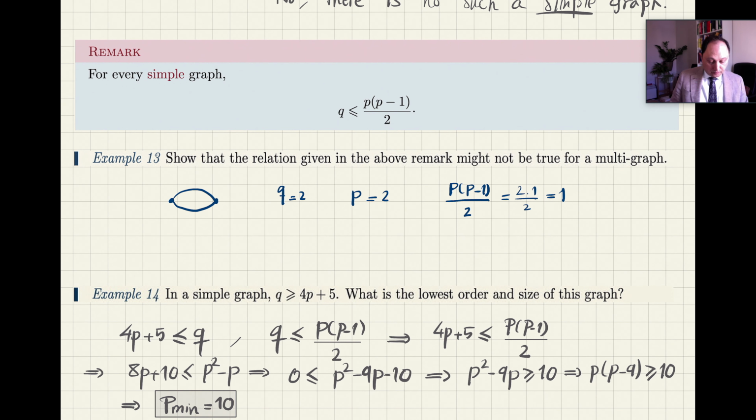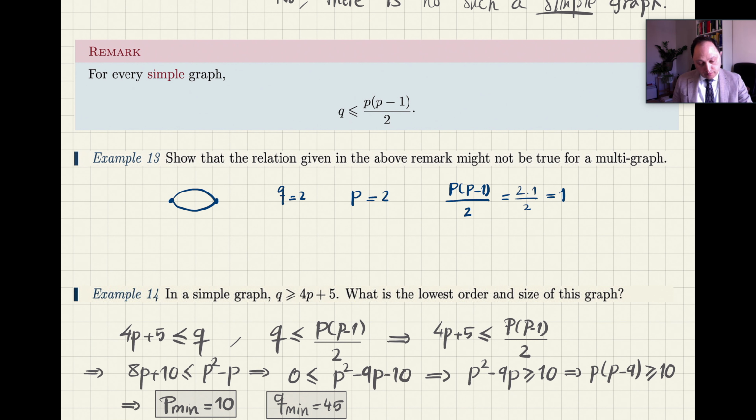Okay, and then if you plug 10 here, it becomes 40 plus 5, which is 45, and q is greater than or equal to 45, so it is clear that the minimum would be 45. Yes, and that is exactly the full graph, I think.